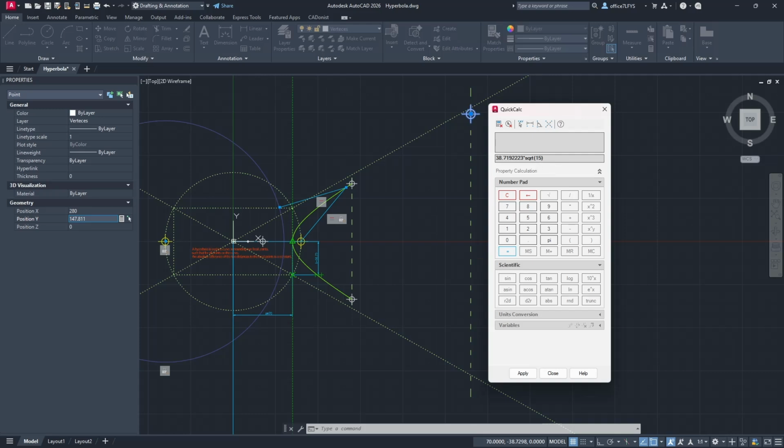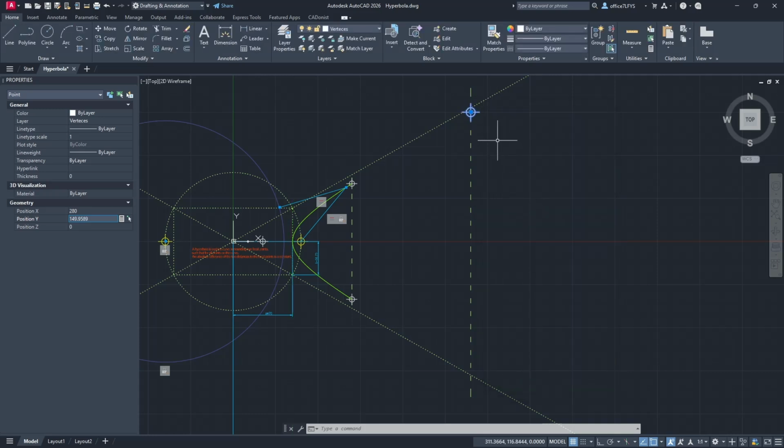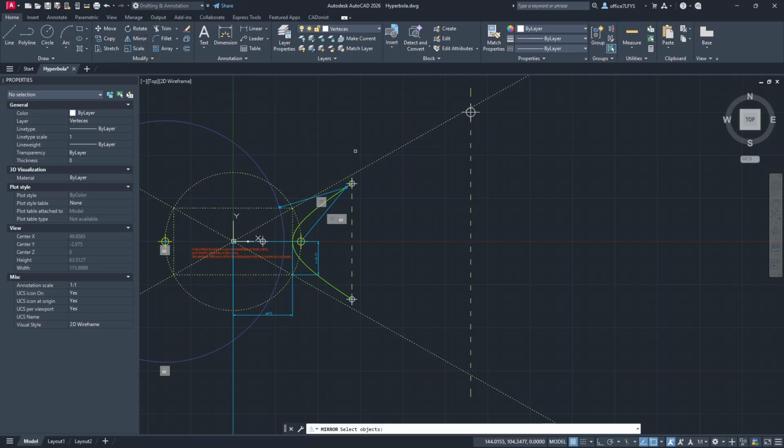In the same way, the square root of 3 used for the previous hyperbola was calculated as 2 squared minus 1. Here the distance was 2a, and here it is 4a. We click Apply, and the point is placed. Then we mirror this point.